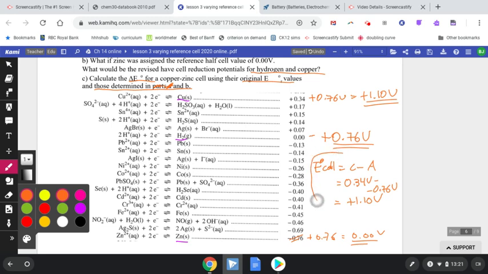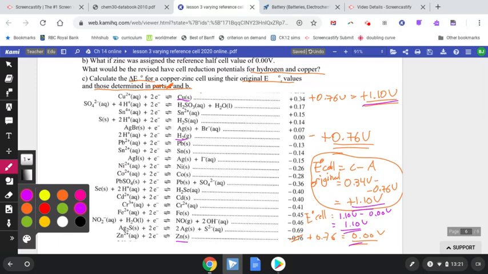Okay, that's original. And now we're going to go to the new reference half cell. And for the new one, cathode minus anode is, let's switch up the colors here, 1.10 volts minus 0.0 volts.